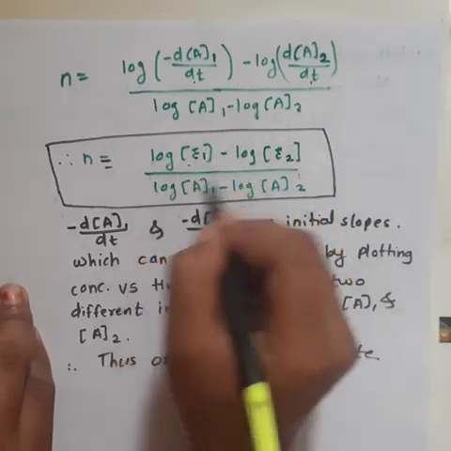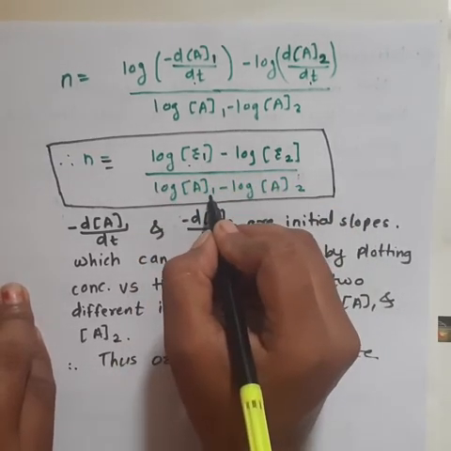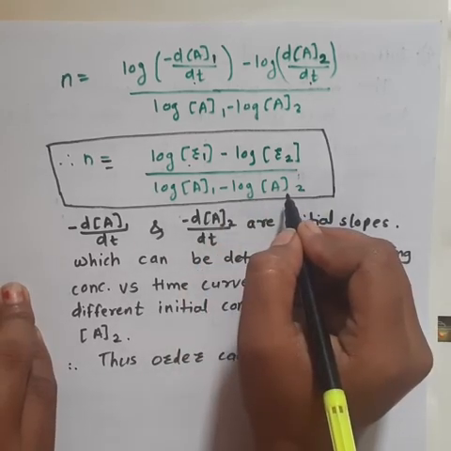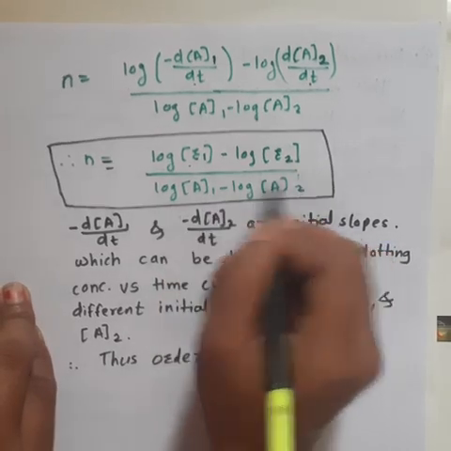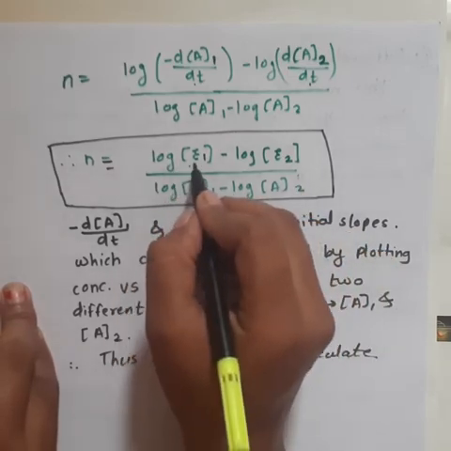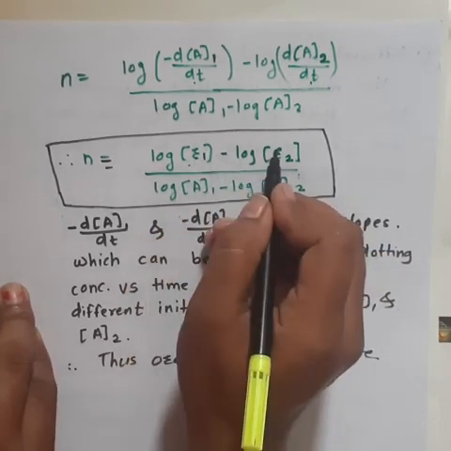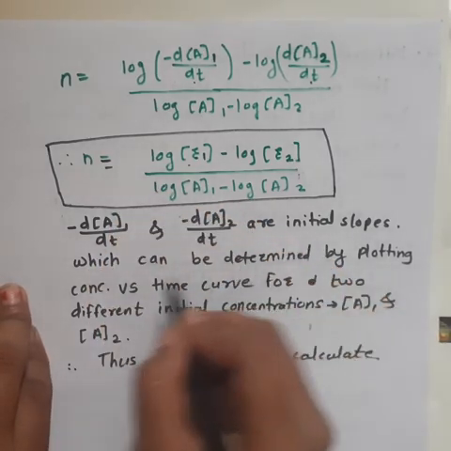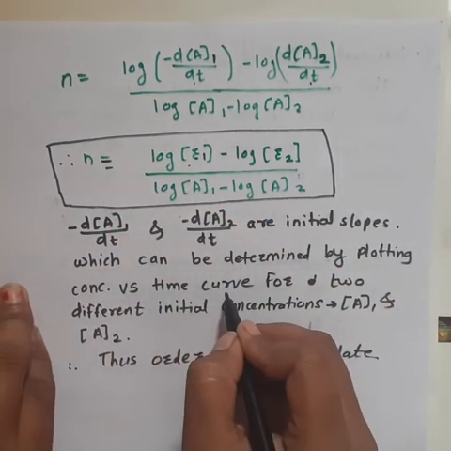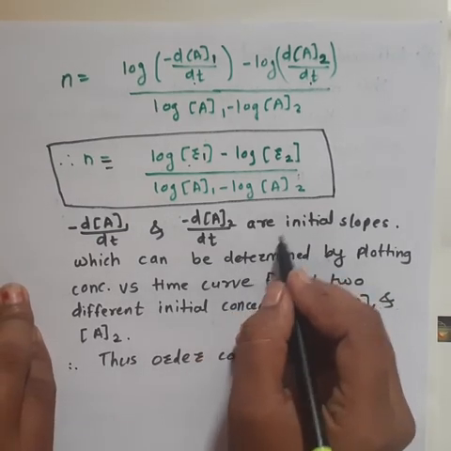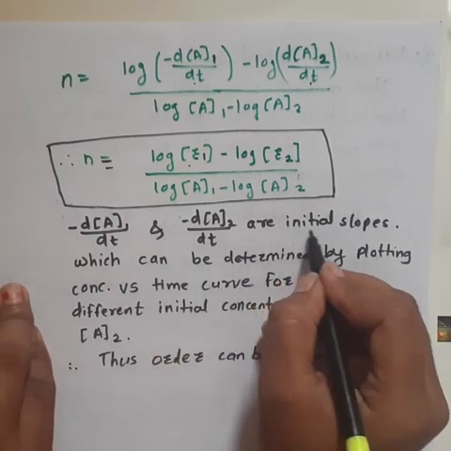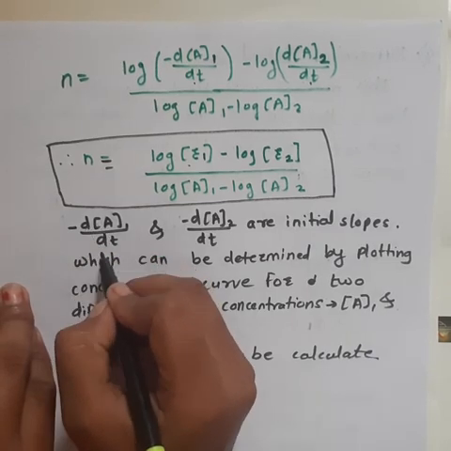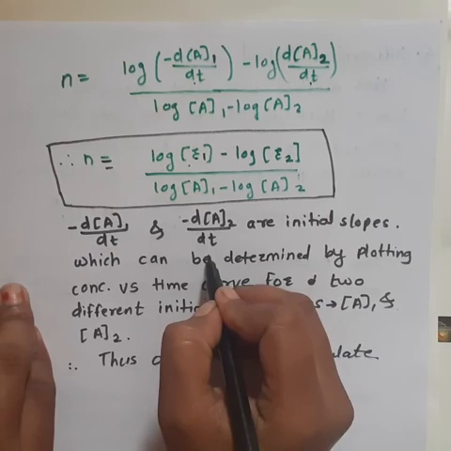The reaction is performed in two different sets using two different initial concentrations, and the rate is obtained at the two concentrations. By plotting the concentration versus time curve, we get the initial slopes. Initial slopes are the rates of reaction, that is minus dA1 upon dt and minus dA2 upon dt.